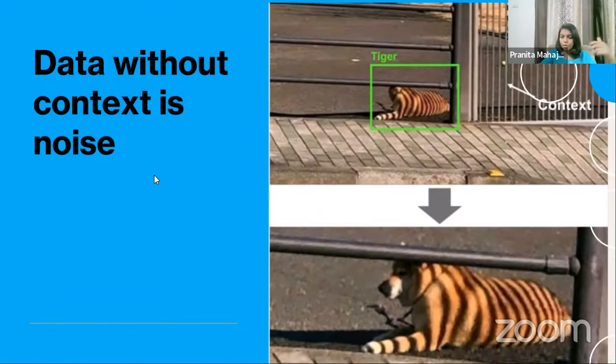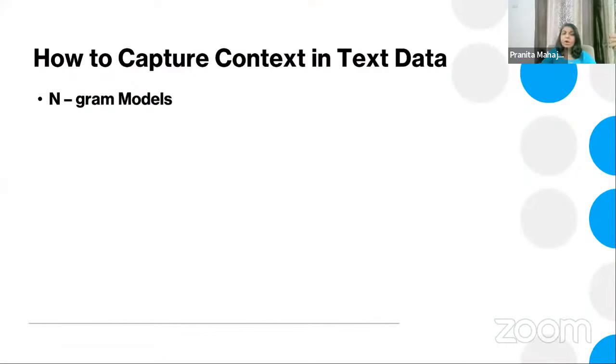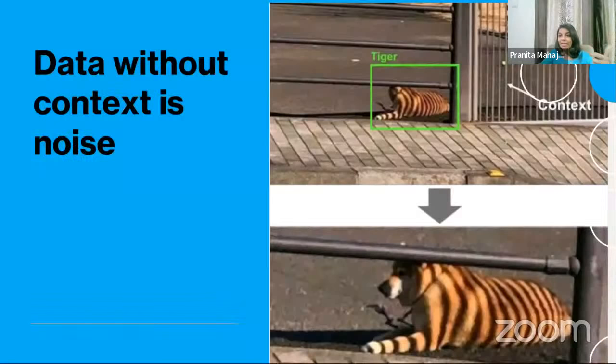In a similar way, if we are not understanding the context well, then we may not be able to understand our data, or even worse, we may not be able to extract the information we need from the text taken as input to build or train our model, right? There's something in the chat, I'll check quickly.